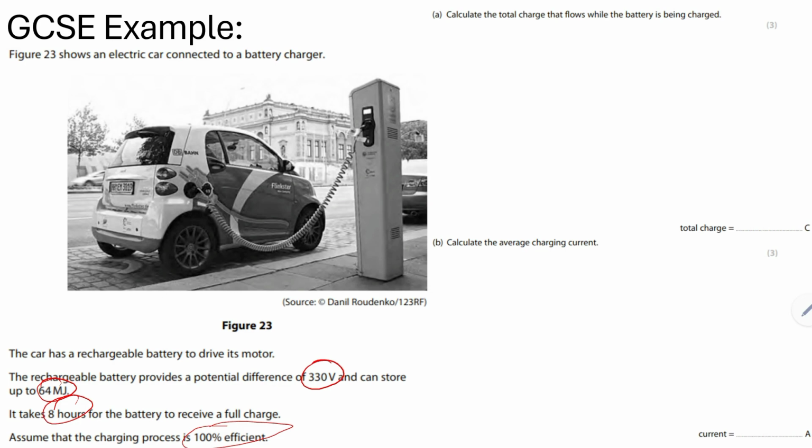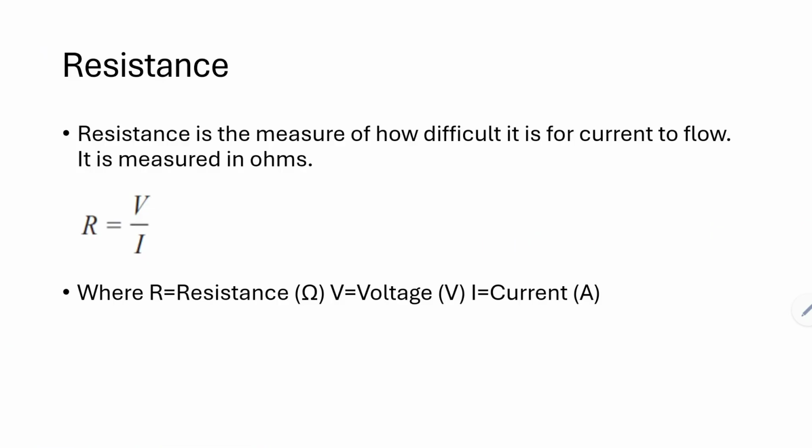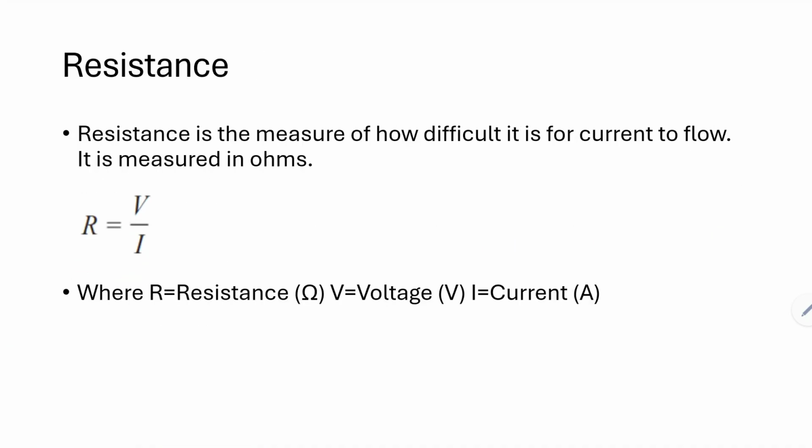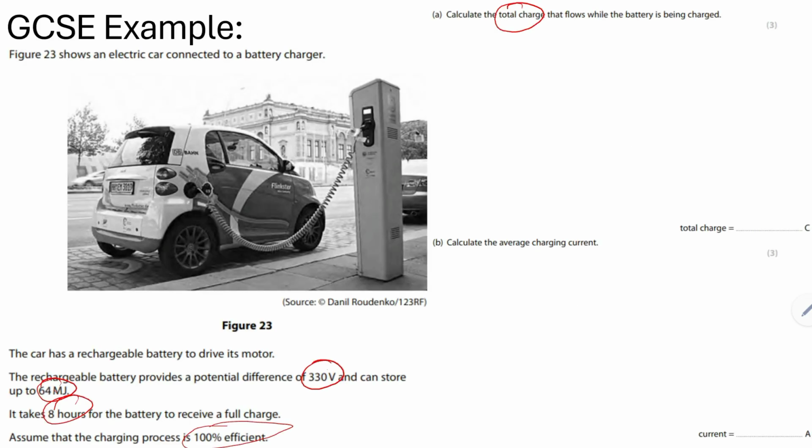So we need to find a formula that relates charge, energy and voltage. And if you remember, it's the previous one, where V equals W over Q. So in this case, I'll write E instead of W, as it's energy, not work.